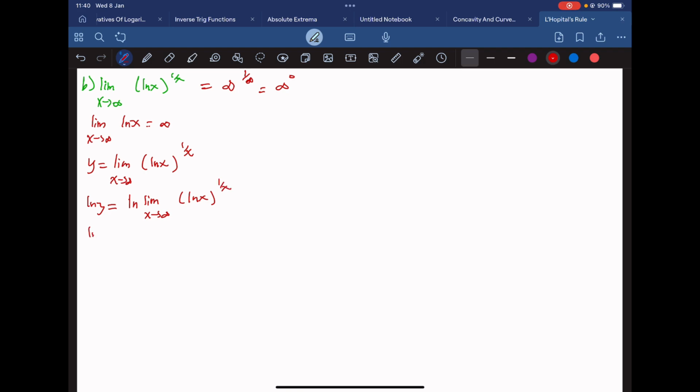Then we can interchange limit and natural log. So we have this one first. And in this case, what we have to do is, remember, for natural log, the exponent always comes down. So we have ln of y, limit as x approaches infinity, 1 over x, ln of x.